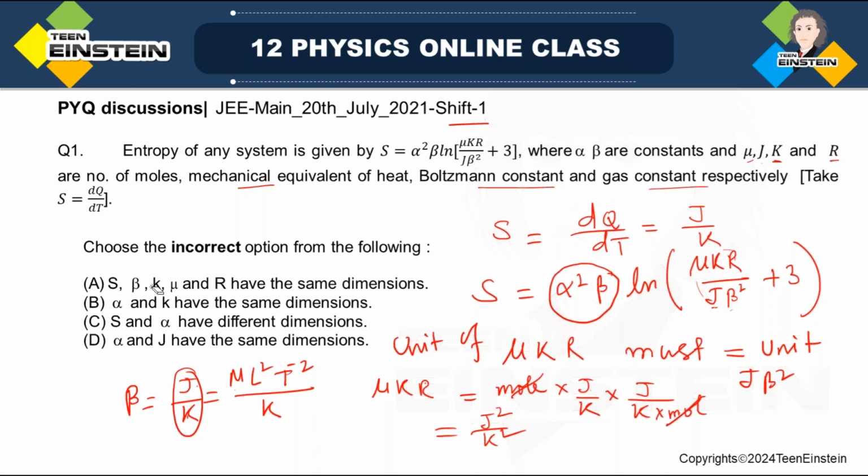Let me check the correct options given. But anyway, if this is saying that S, beta, K, mu and R, all of them have the same dimensions, then it is not true.